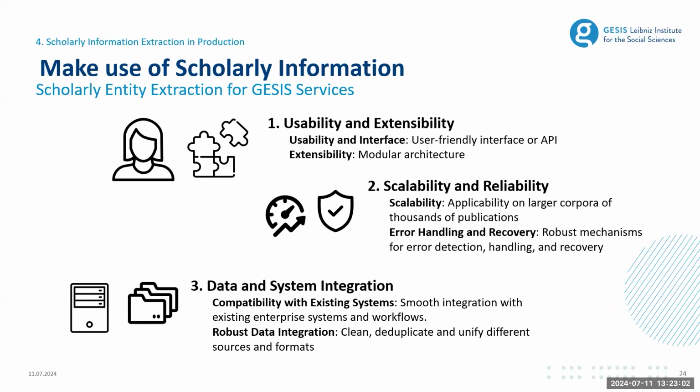The first one is usability and extensibility. If you are not able to get an additional possibility for the user to access and use this information, it's worthless to integrate it.